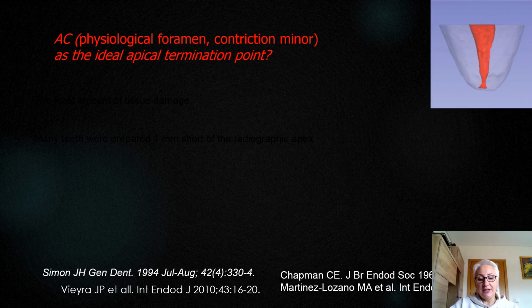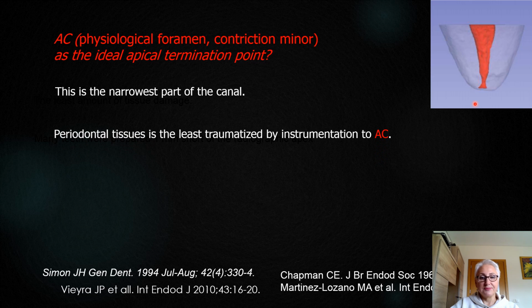The third part of the apical area of the root is the apical constriction, which some call the physiological foramen or minor constriction. And the question: could we use this apical constriction as the ideal apical termination point? This is the narrowest part of the canal. If we do instrumentation until the apical constriction, the periodontal tissues are the least traumatized.